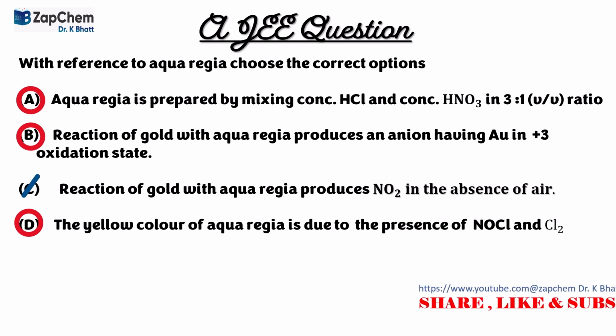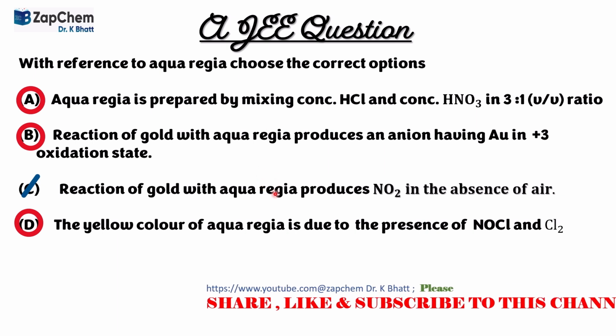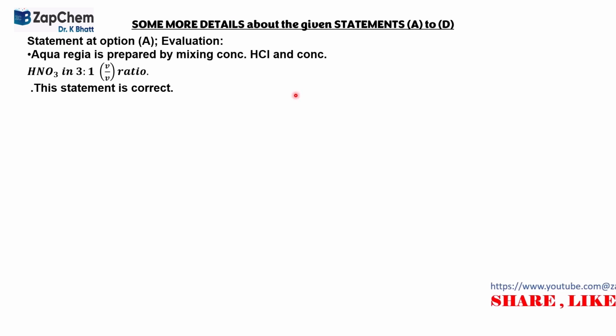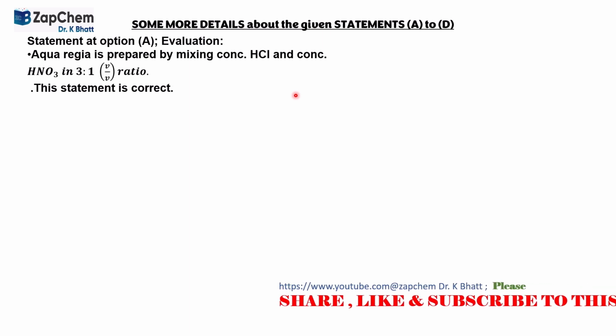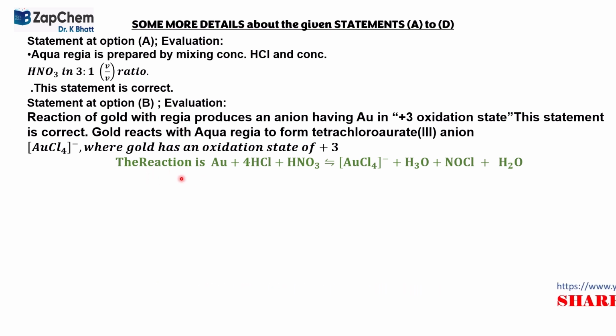Now we should get something more about the reactions relating to aqua regia and relating to this question. Here are the details of different statements as we have marked and learned earlier. The statement at option B, this is the reaction.